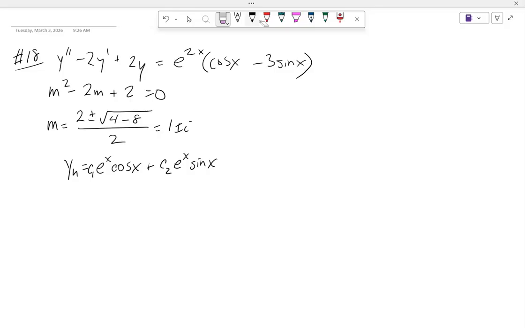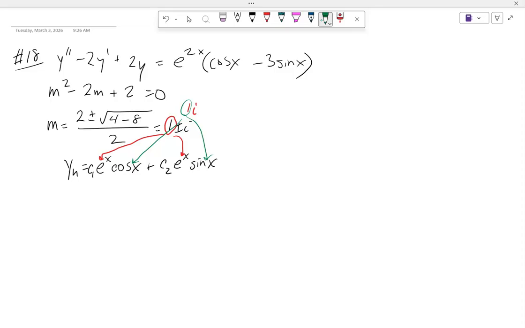So again, remember, the real part is your coefficient on the x in the exponential. So it's a 1x; I can think of this as a 1 times i. The imaginary part is the coefficient on the x in your cosine and your sine.